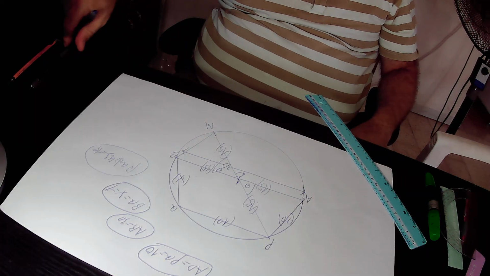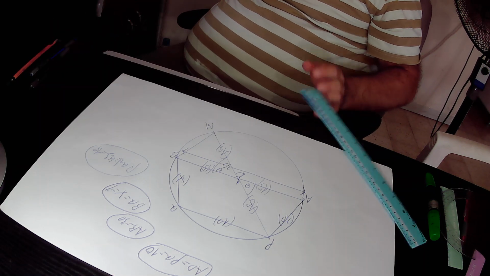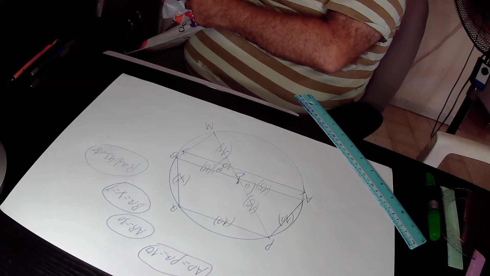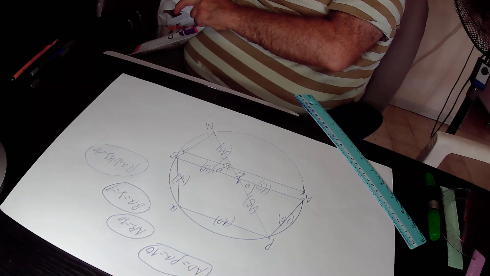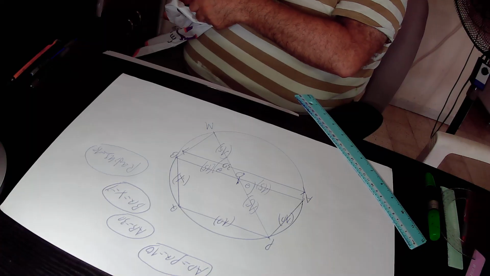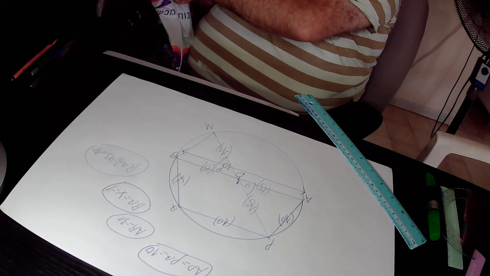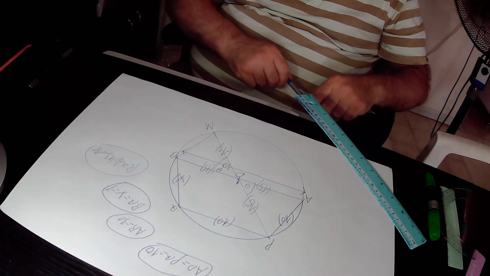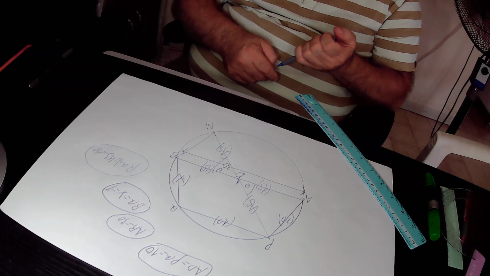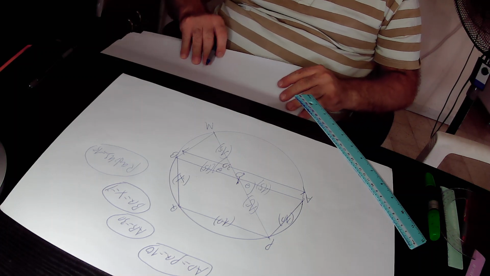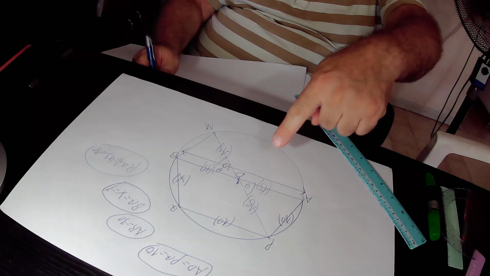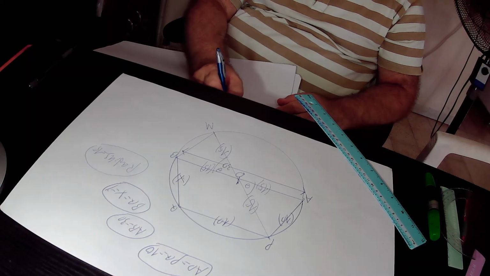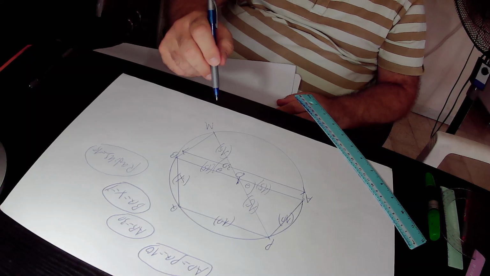So we prove that this triangle APO can go into this triangle MOB.